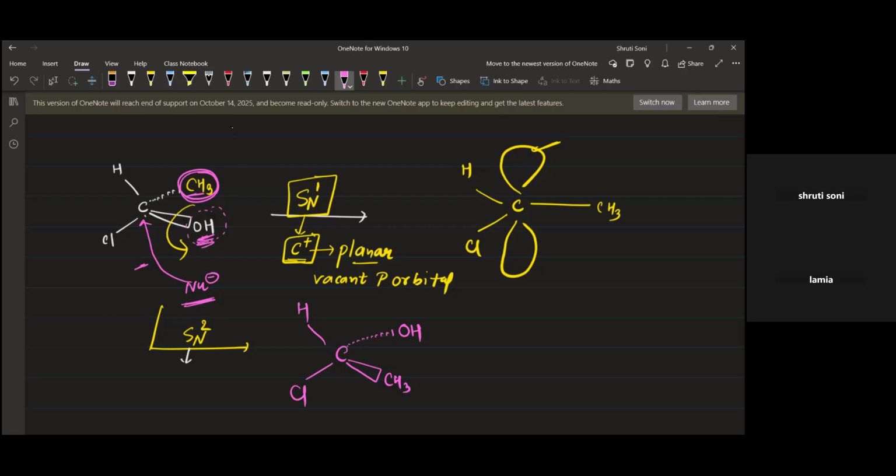Okay, so I'll describe one more time how it will proceed. Let's suppose I'm having a nucleophile, putting this nucleophile here. Now this nucleophile attacks the carbon and needs removal of OH. This nucleophile attacks from completely backside.